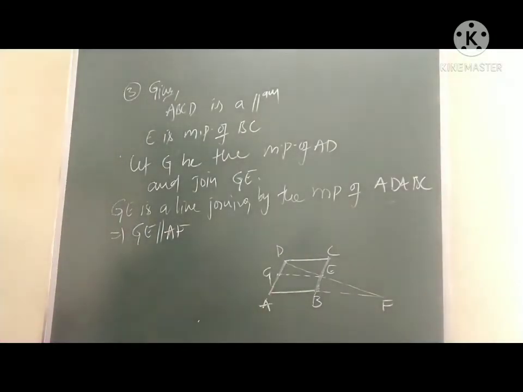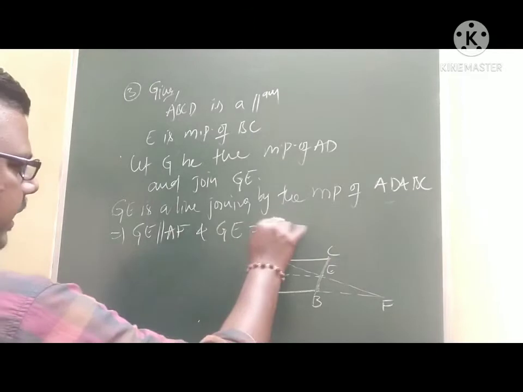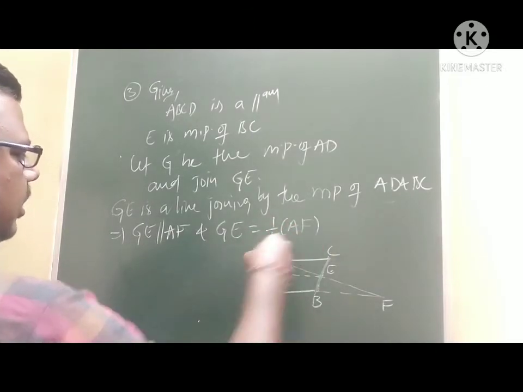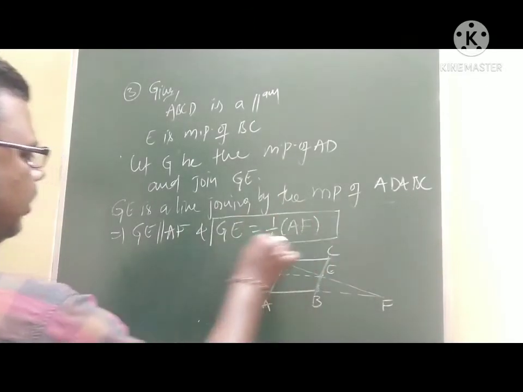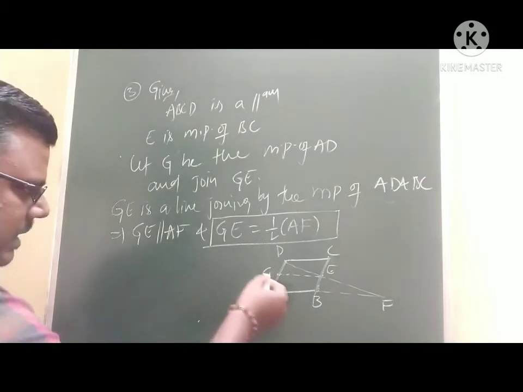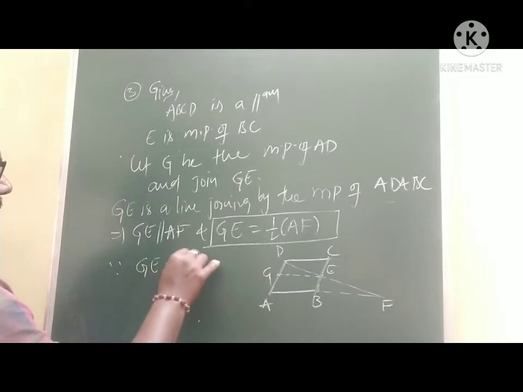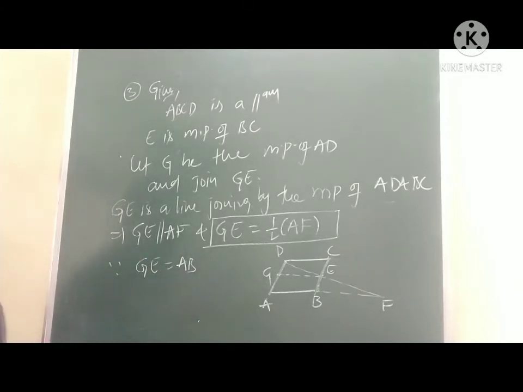So instead of writing AB, I have written AF. GE is parallel to AF, and at the same time GE is equal to half of AF. So keep this condition in mind: GE is equal to half of AF. So by the midpoint theorem. Now, since GE is equal to AB, actually GE is equal to AB.